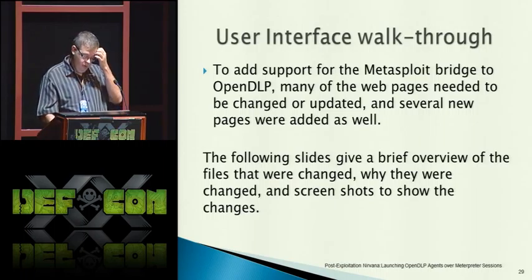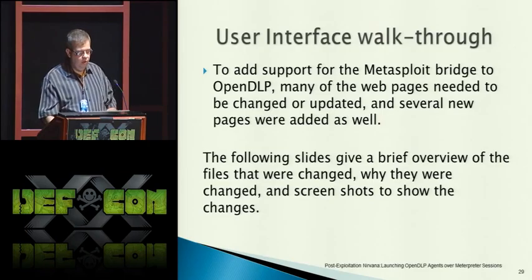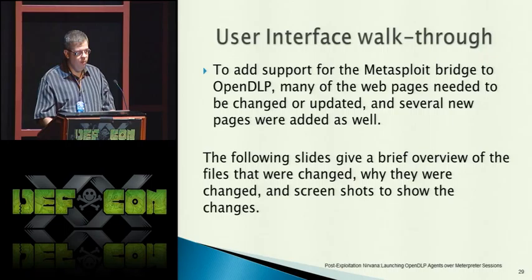So to add support for Metasploit, I had to change a lot of files in OpenDLP. And although I created the interpreter-based deployment first, the post module is obviously better because it's less code and it deploys without messing up your interpreter sessions, without any kind of concurrent access problems.